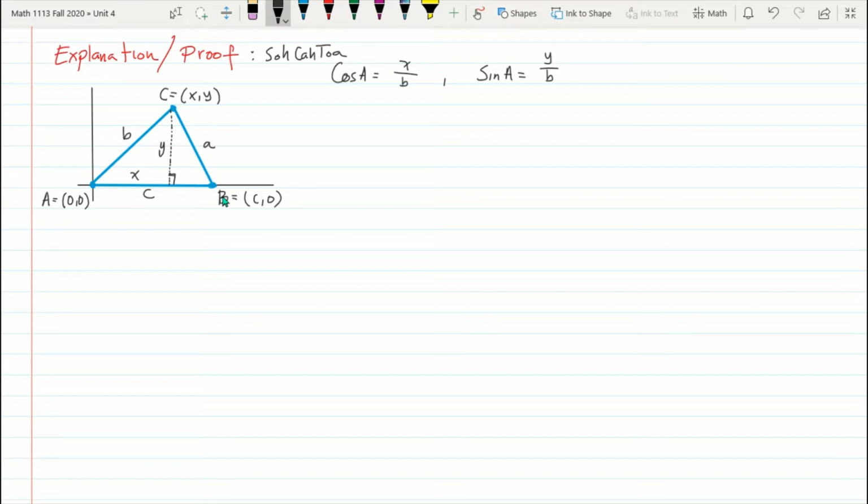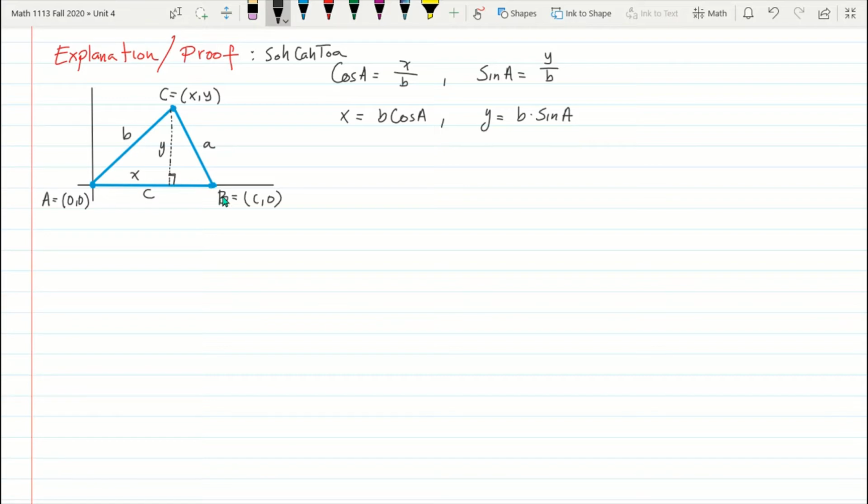So if we solve for x and y, we get the following. x is equal to b cosine of A, and then y is equal to b times sine of A.